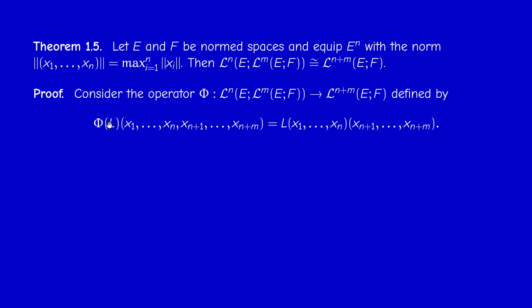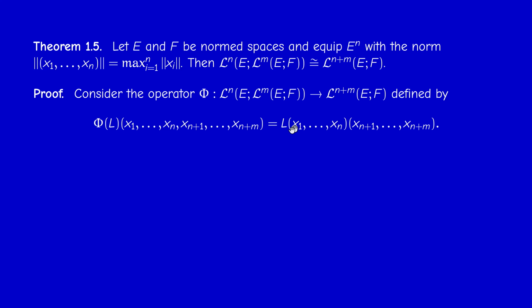And so we define phi of L, which is now a function of n plus m variables. What do we do? It's very easy. We take the first n components, we evaluate L at the first n components, so we get an element here, and then we evaluate the result at the remaining m components. So same structure as before.